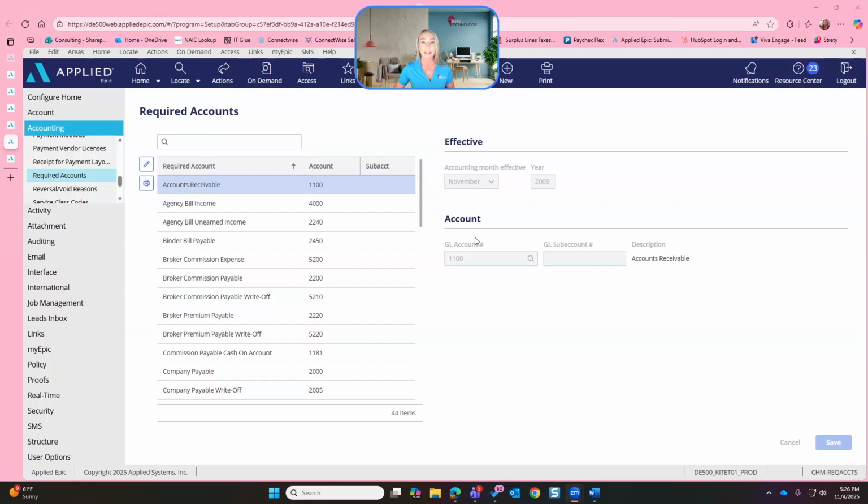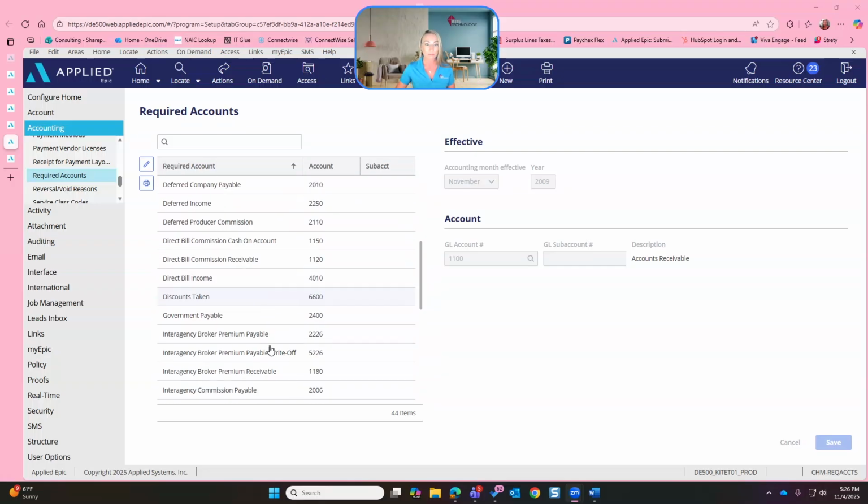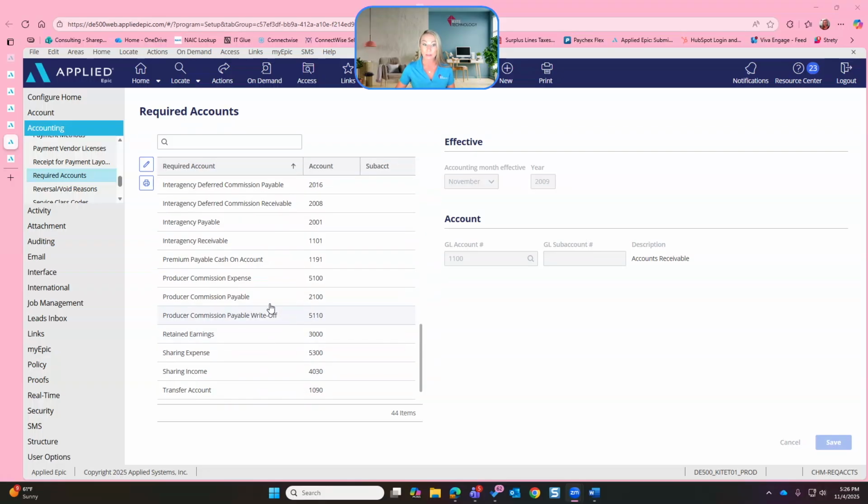So required accounts that are going to be included in your agency bill transactions are, in some cases, your producer payable expense and your producer payables. So you've got those down here. You've also got broker commission payables. So when it comes to any of your commission payables, those could be automatically populating.